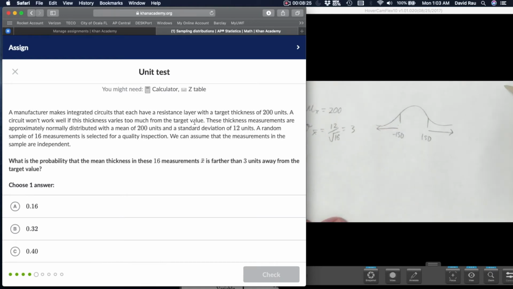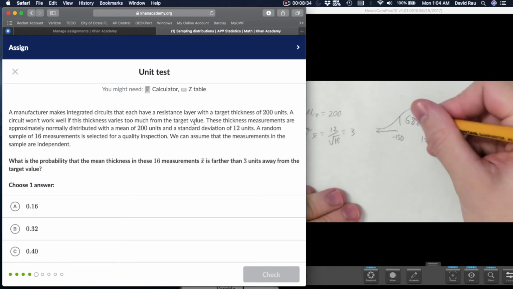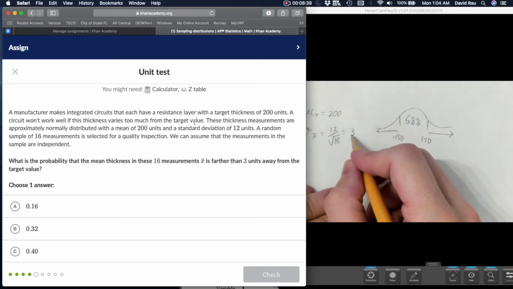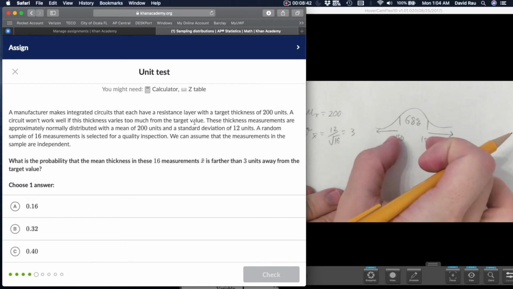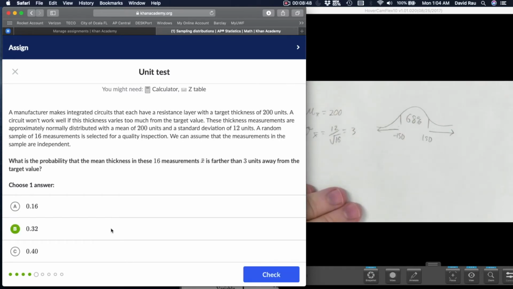And if you remember the empirical rule, it's sometimes called the 68, 95, 99.7 rule. We know that 68% of the data is inside here, so if 68% is between -1 and 1, in other words within 3 units on either side, then what's 100% minus 68%? 32% will be on the outside.